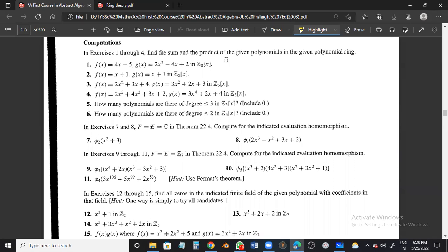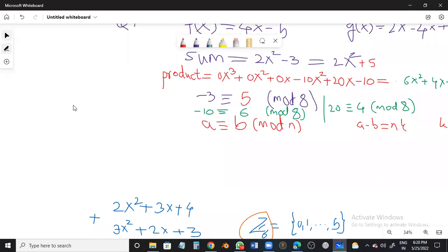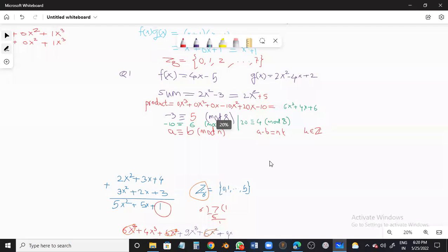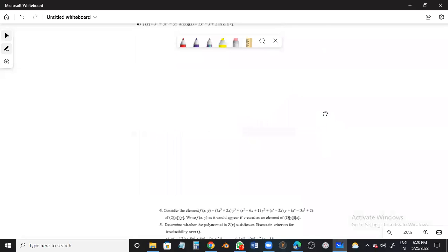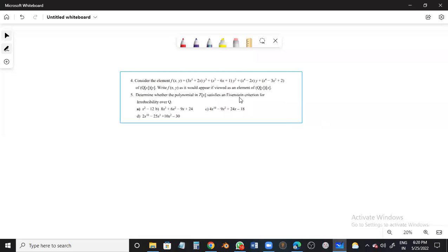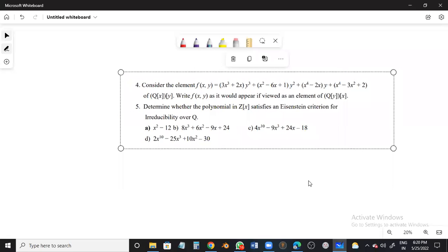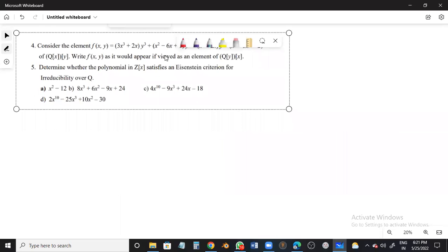So let's have a question over there. Okay, so what is this question saying? The question says consider the element f of x comma y, and how is it given to you? 3x cube plus 2x bracket closure times y cube. So I would like to rewrite it for you.